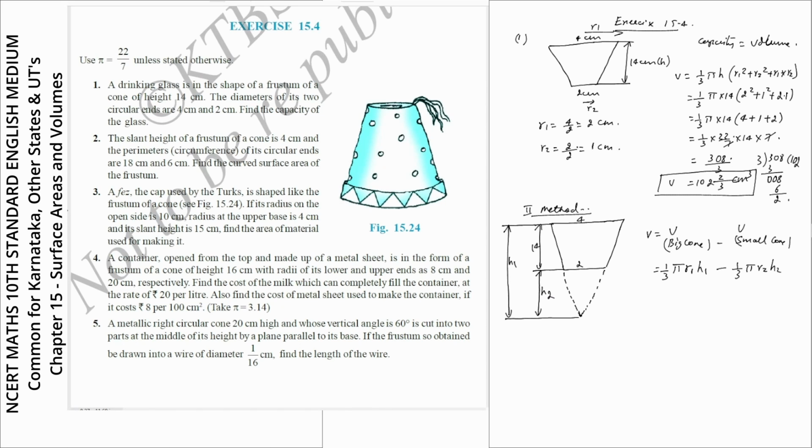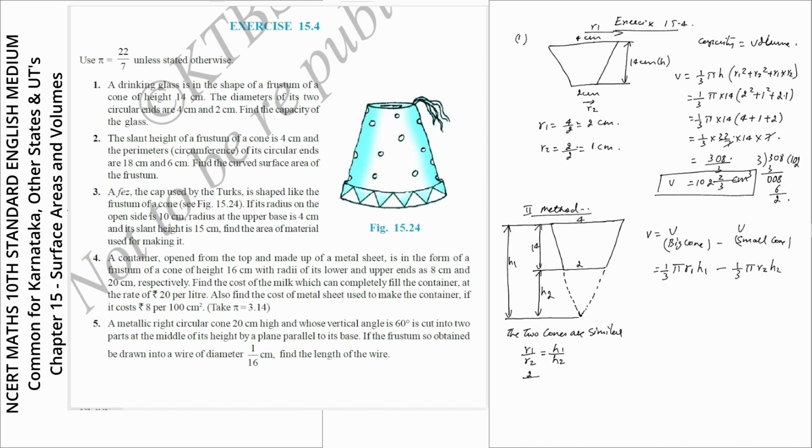Okay, now the two cones are similar, therefore the ratio of the radius will be equal to ratio of the height. Okay, r1 by r2 is equal to h1 by h2. Now what is r1? r1 is half of the diameter, that is 2 by 2. In the previous method only we came to know r1 is 2 centimeter.